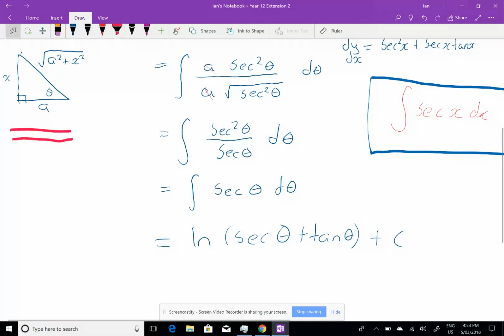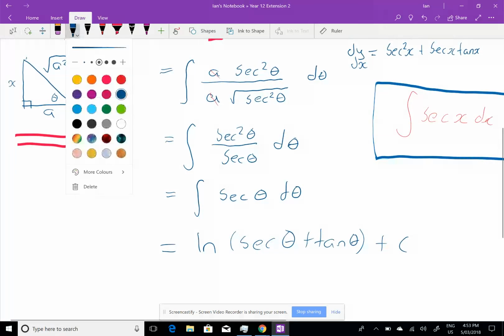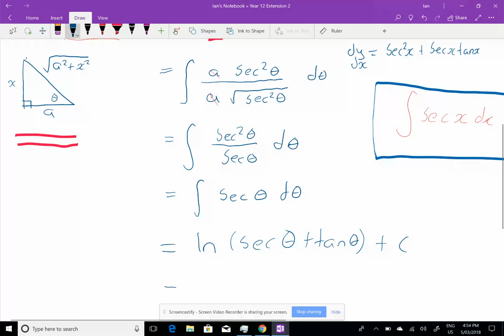Say, all right, well, sec x. Well, sec x is the reciprocal of cos, and cos is a on root a squared plus x squared. So it's just ln, the reciprocal of that. So it's root a squared plus x squared on a plus tan, well, that's x on a.